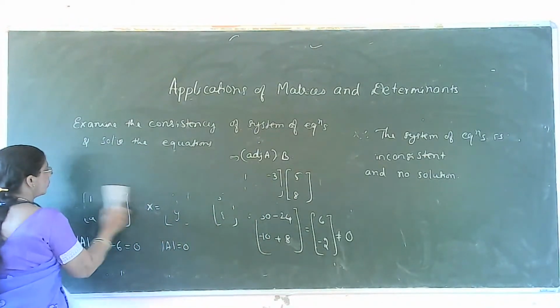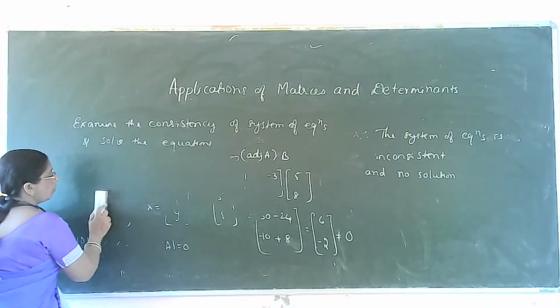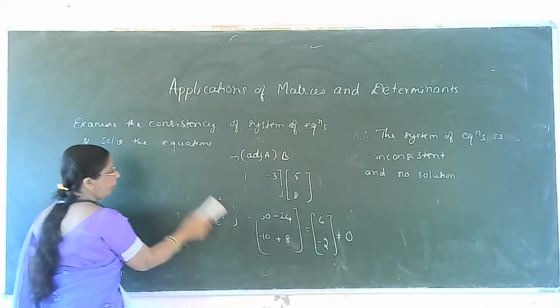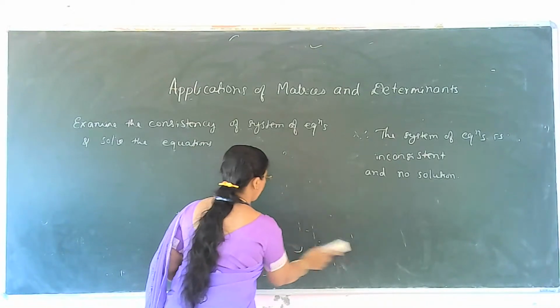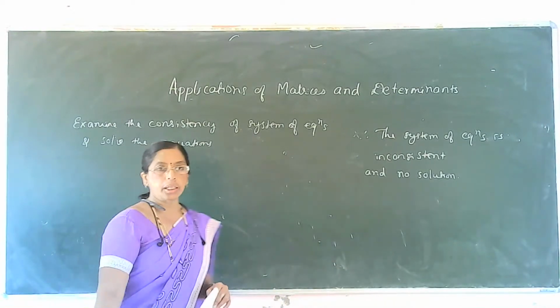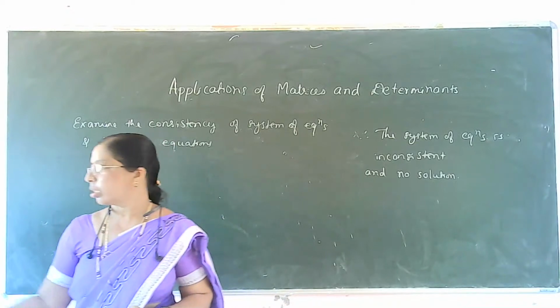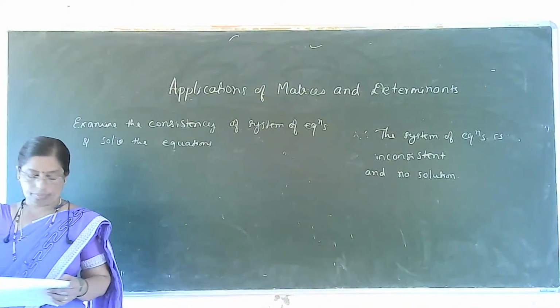Next, we go to systems of equations having three variables. Since it has three variables, we should take three equations.